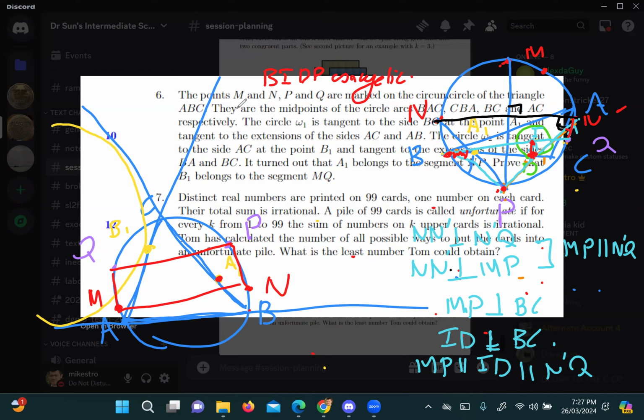Have you ever heard someone use the phrase Reim's theorem? It's kind of just unnecessary theorem naming. But basically it's saying if you have a cyclic quad, in this case B, P, N prime, Q, and you have another two points that are parallel to one of those pairs of points, then you get another cyclic quad.